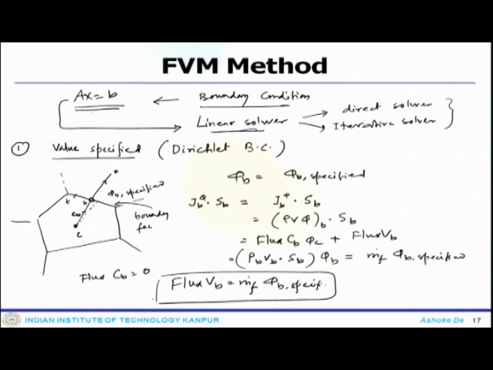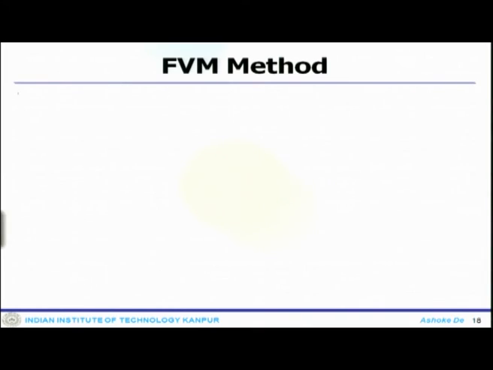Now, the second type of boundary condition would be specified flux. Okay. That is called the Neumann boundary condition.